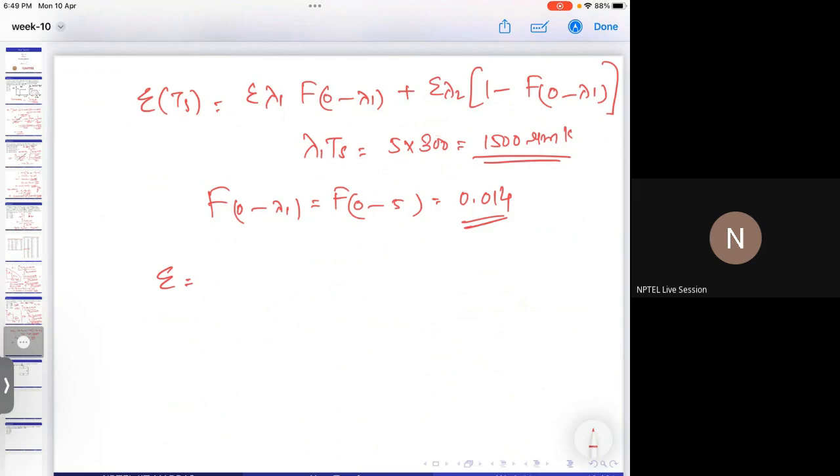So can you please find out the answer? That is, 1 times 0.8 plus 0.1. Can you please find out the answer? 0.91, point 91.